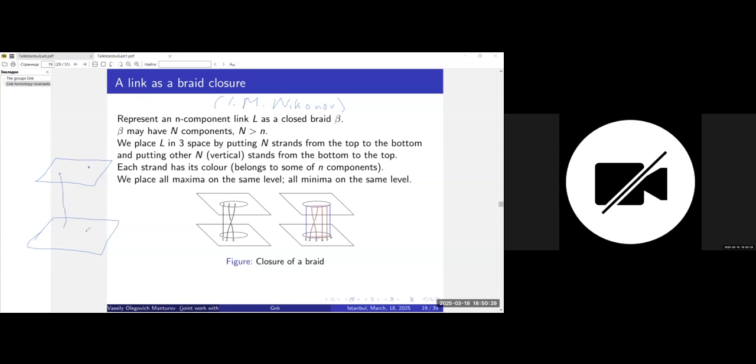So, for example, we can have blue strands, we can have red strands, we can have green strands, some number of strands of each type. So we can have such a braid. And then we can say, okay, blue strands are number one, red strands are number two, green strands are number three. And try to get G and K properties like 1, 2, 3.